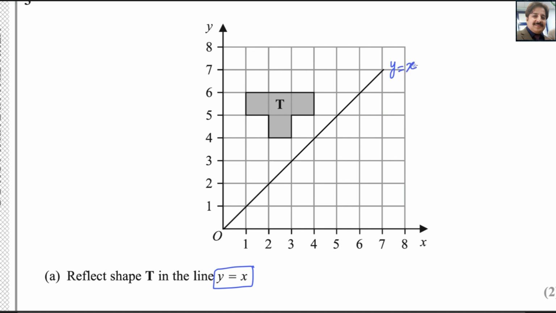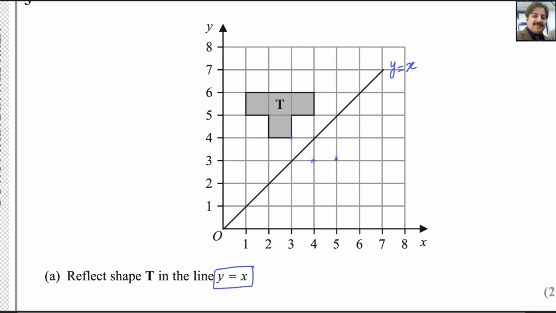Now reflection is like flipping the figure around this line. Look at here, all the corners should be equidistant from the line. This point is a half unit away from this line, so I will draw this point here, half unit away. Now this point is 1 unit away, so that point will come here.